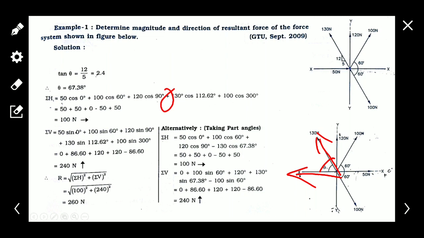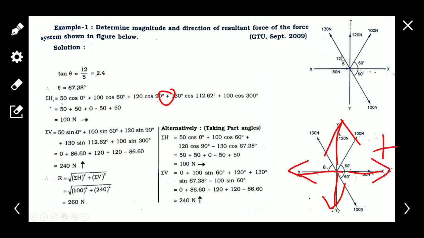If this angle is considered as 67.38 degrees, then the sign is negative. We know that in the vertical this direction component is positive, and this direction component is negative, and similarly in the horizontal this direction component is positive and this direction component is negative.